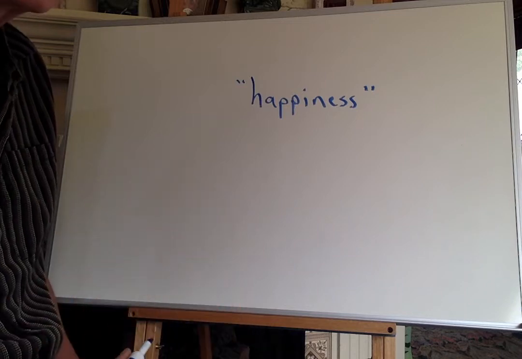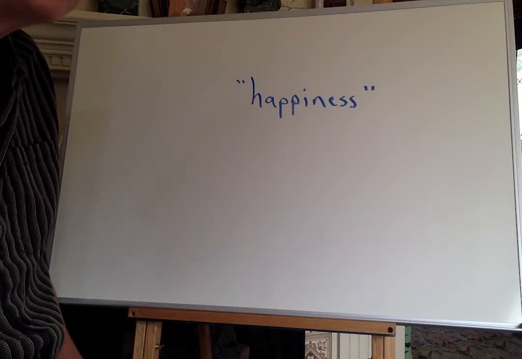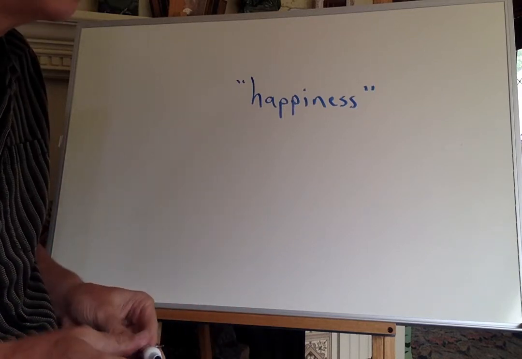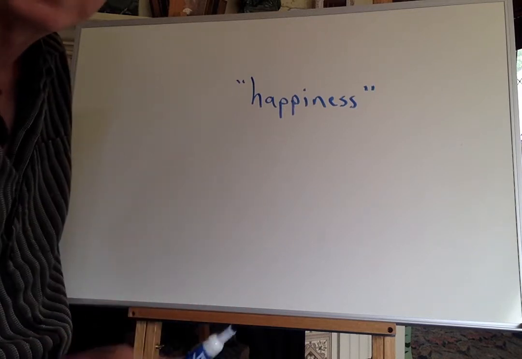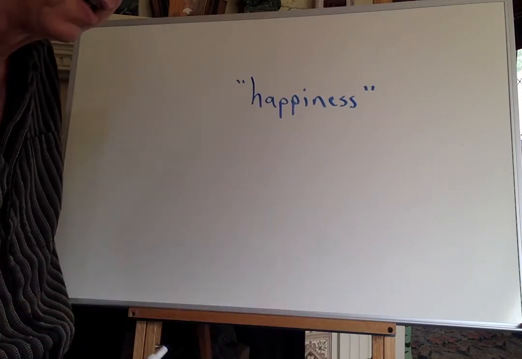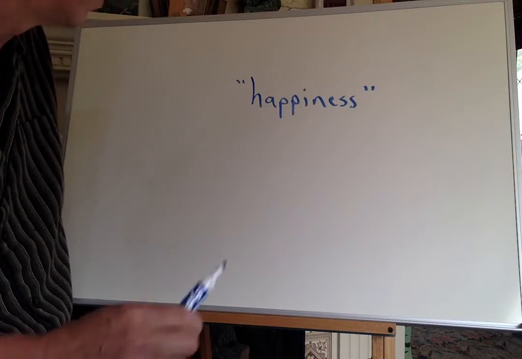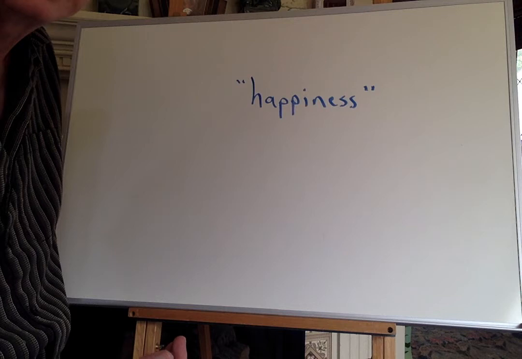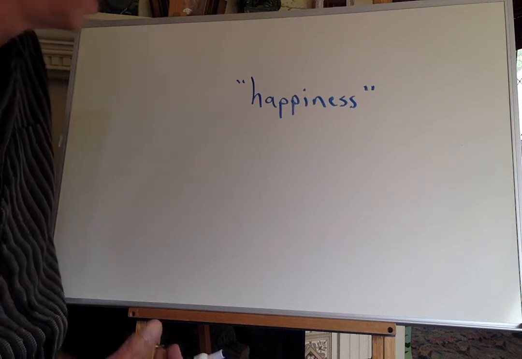You know what I mean when I say happiness. People understand what happiness is, but it's not something that can be directly measured, weighed, or we can't get the length of it or whatever. But I might be interested in studying happiness.